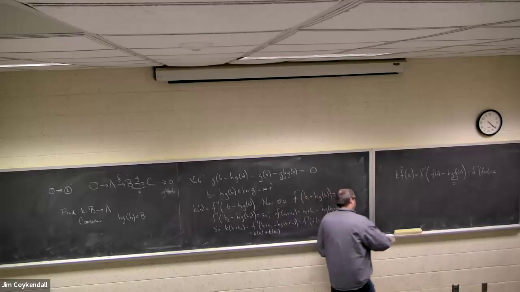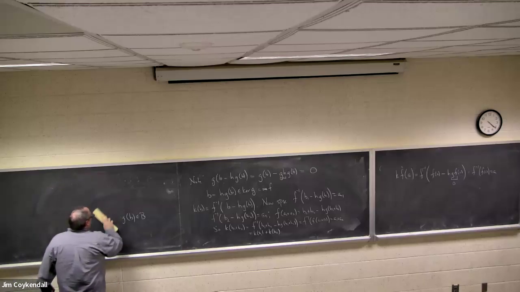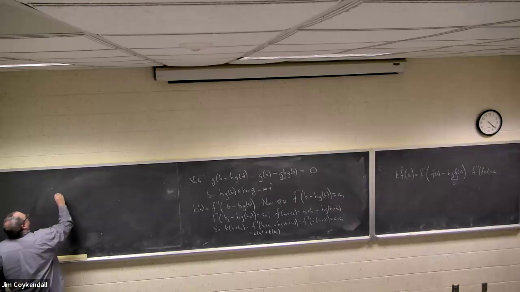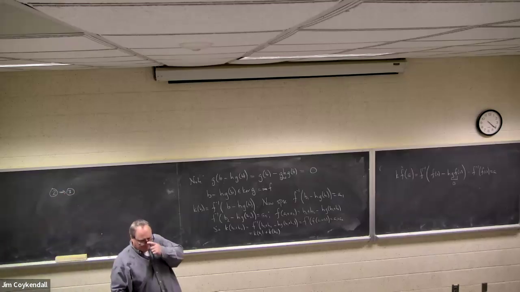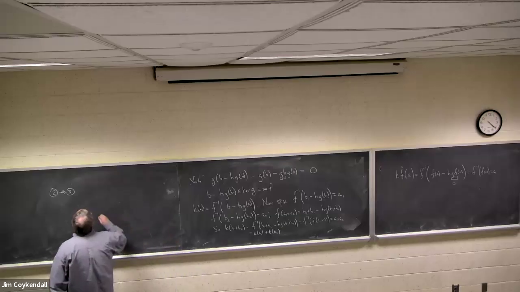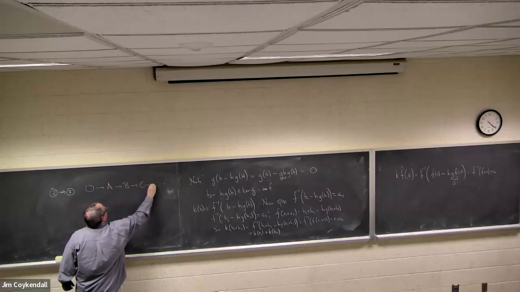Let me give you some details here. Let's do 2 implies 3. So we have 0, A, B, C, 0.